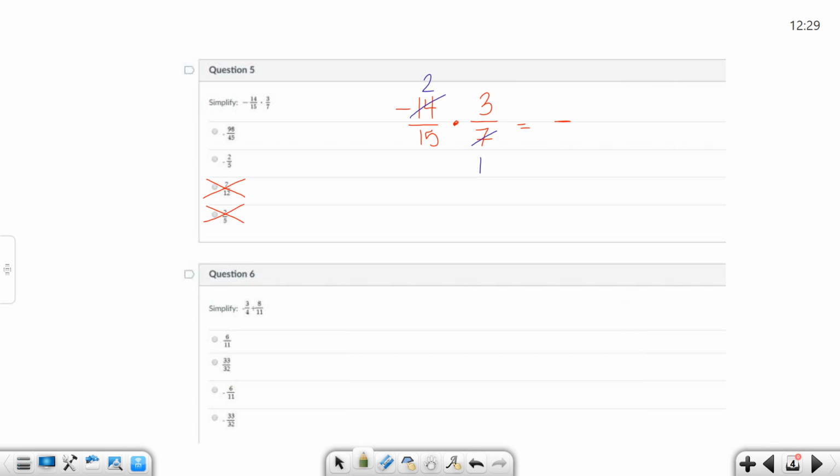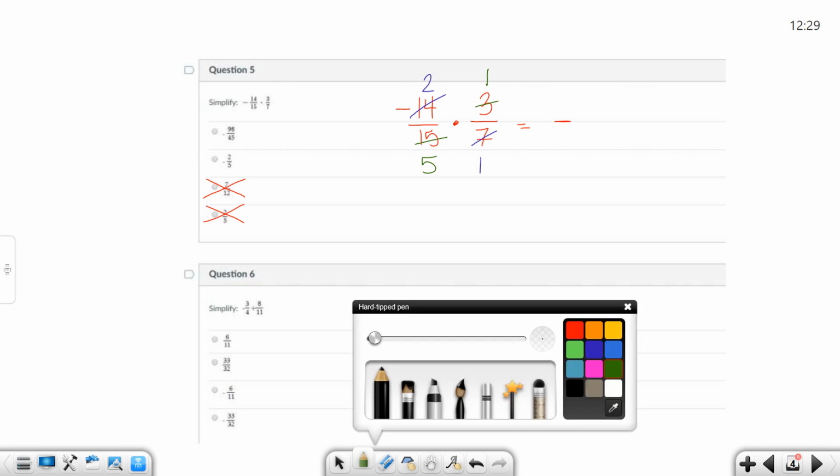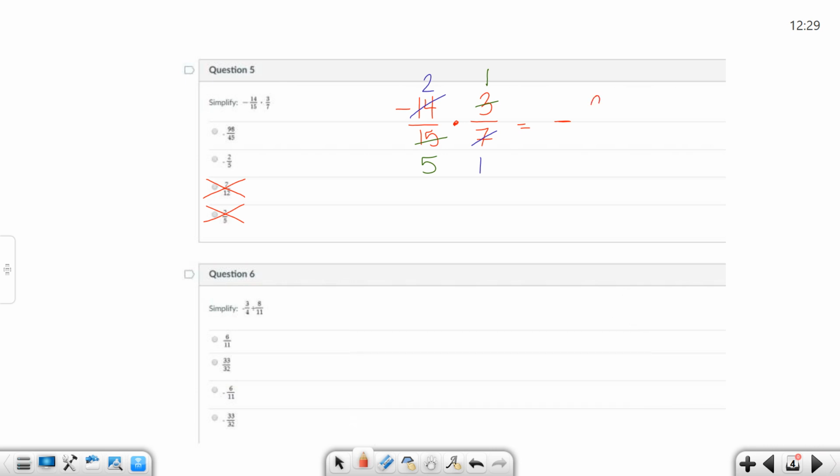Then you have 3 and 15. So 3 goes into 3 one time, and 3 goes into 15 5 times. So if you multiply what's left on the top, you're going to get a 2. And if you multiply what's left on the bottom, you're going to get a 5. And you already know it's negative, so -2/5 is your answer.